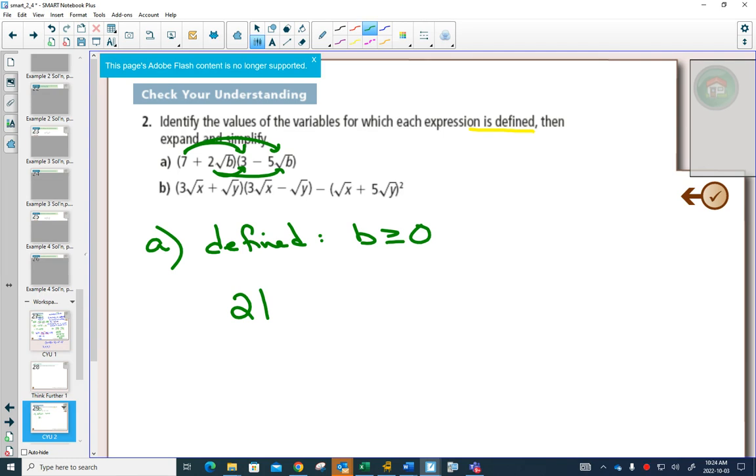You're going to take the 7 and multiply it by the negative 5, giving you negative 35, and then root b is the only thing that's there, so it's still going to be multiplied by square root of b. Then in the middle, 2 times 3, that'll be 6, and we still have the root b. And finally, 2 times negative 5, negative 10, and root b times root b is root b squared.